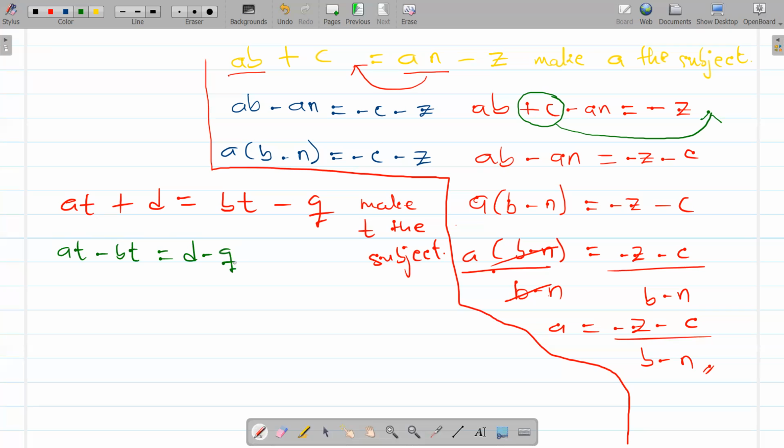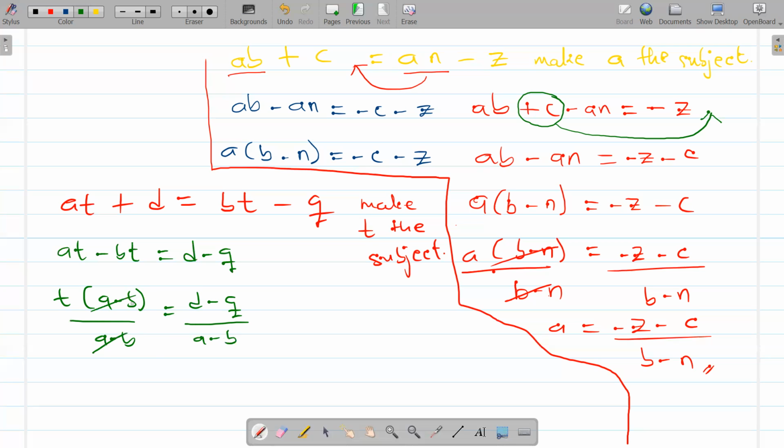So what I did now, I took the T, A minus B, divided by A minus B equals D minus Q, then I got a T.